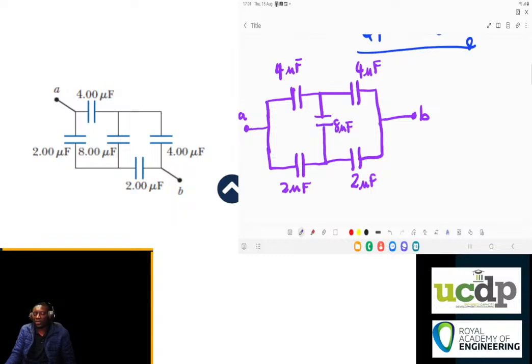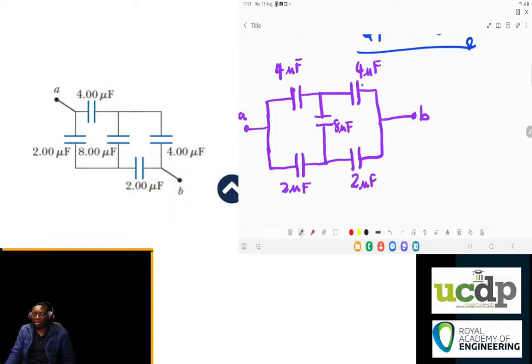In a potential divider circuit, the potential across the top arm is the same as the potential across the bottom arm, because they are parallel lines.